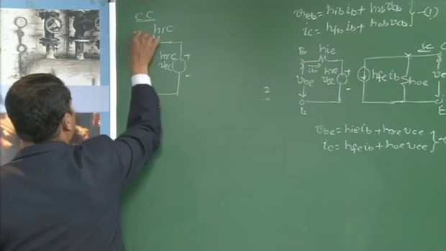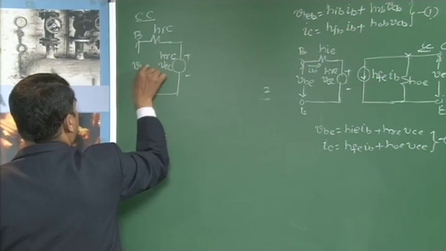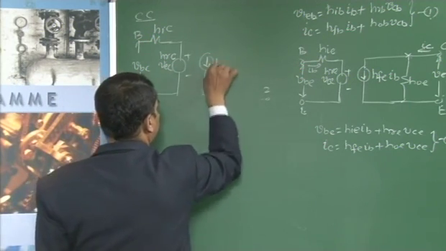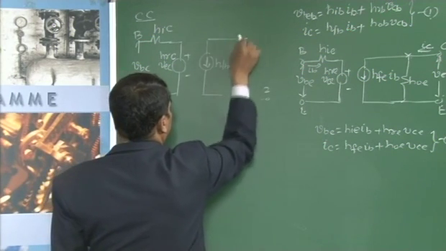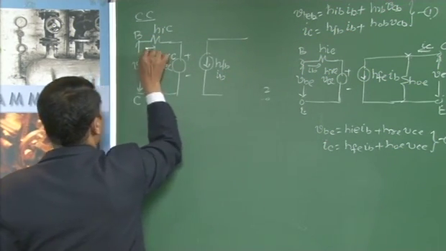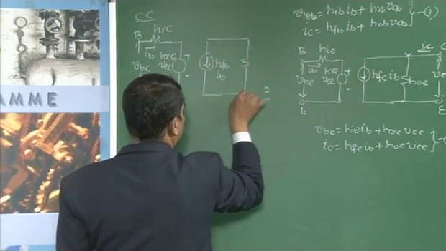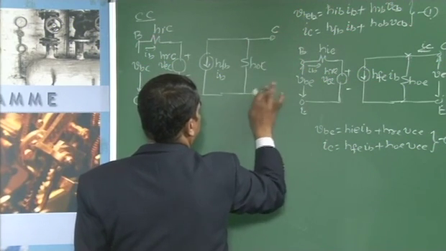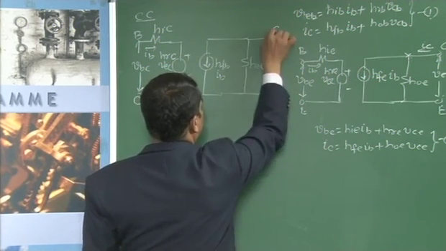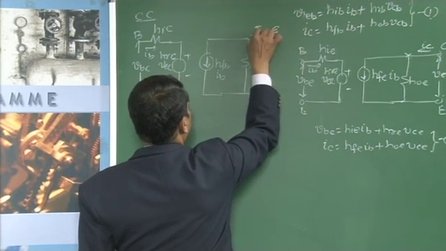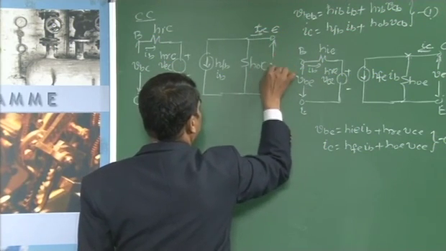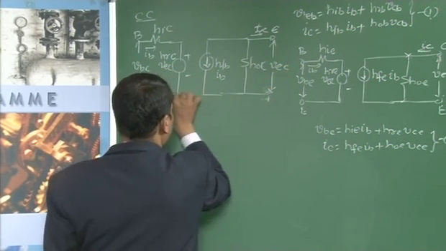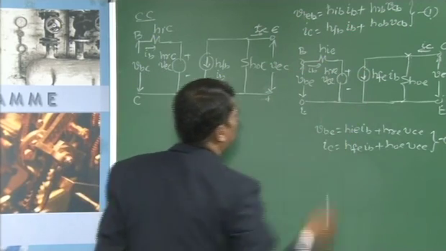The voltage between the base and collector is VBC, and here we define a constant current source, hfc multiplied with the input current IB, and hoc. The emitter current leaves the circuit, and the voltage across the output is VEC. This point is common for both input and output.